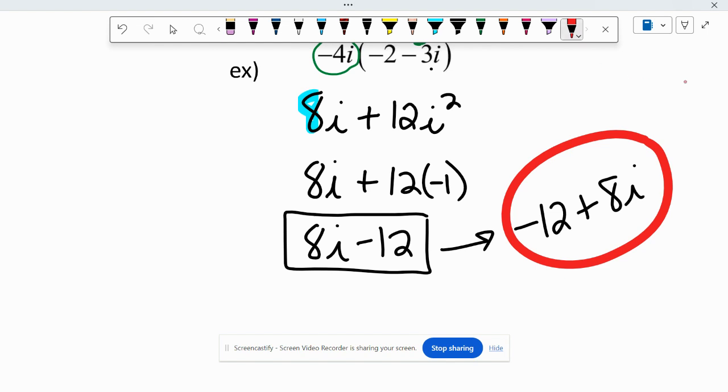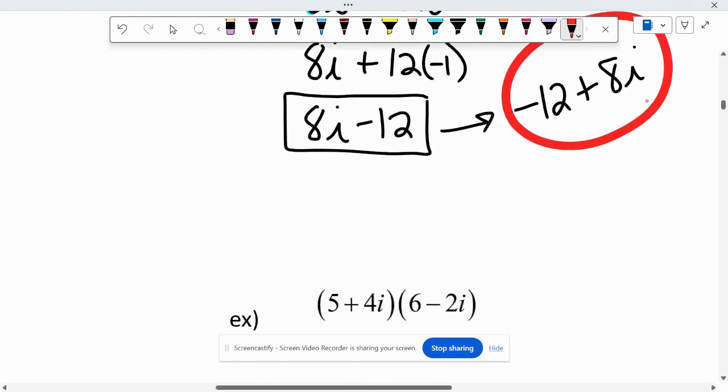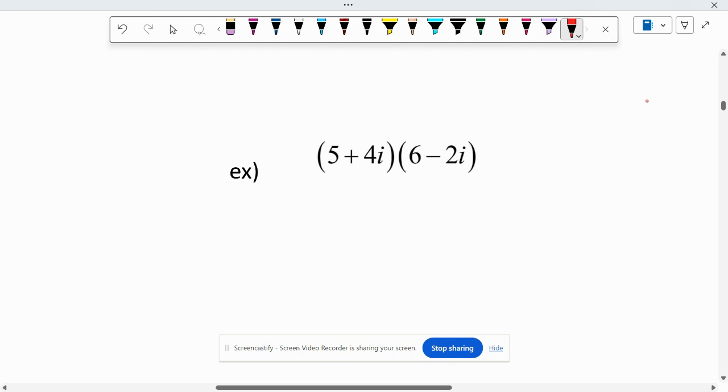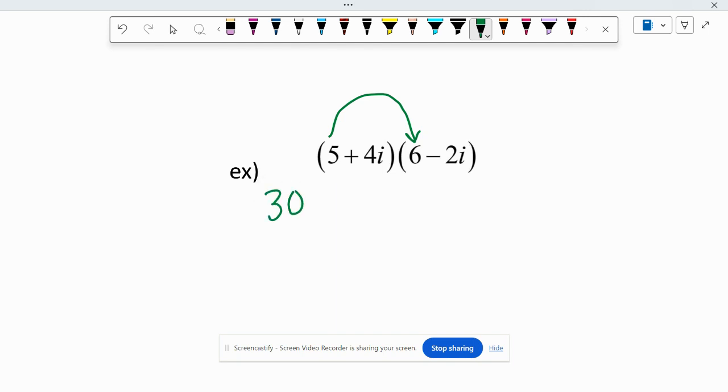That last one is foiling, and I know that you guys don't like to foil or double distribute, but we're gonna anyway. We're drawing some arrows. 5 times 6 is 30. 5 times negative 2i is negative 10i.